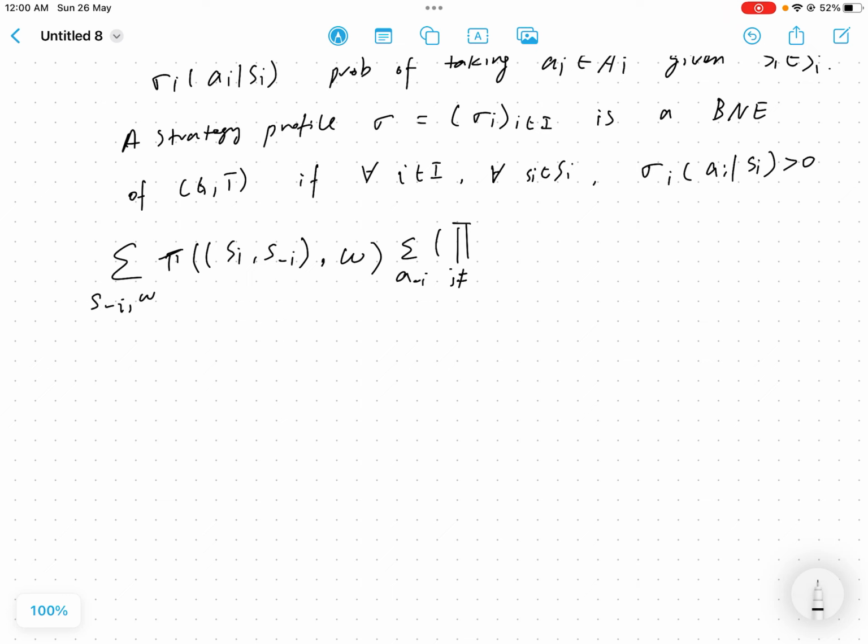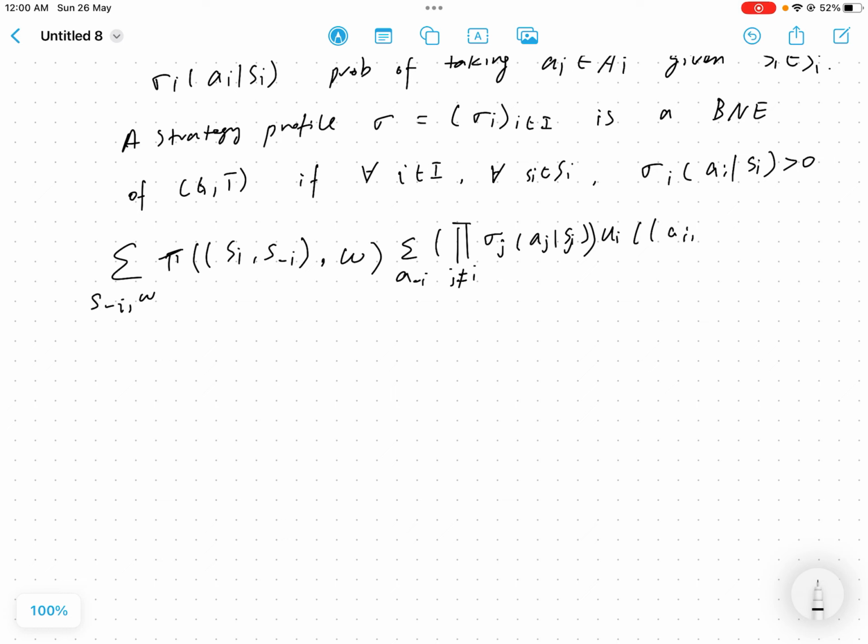For the players j who are not i, we multiply all the sigma_j(a_j given s_j) times u_i, which also has a and omega as inputs, so a_i, a_minus_i and omega.